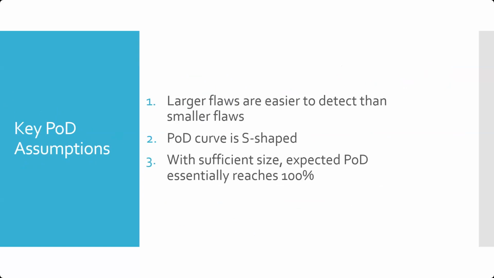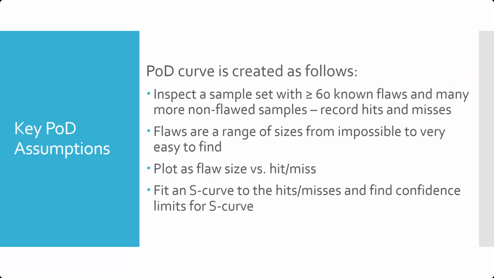With a sufficient size, you approach a point where you expect the POD to essentially reach 100%. So after a flaw gets up to a certain level, you should be able to find it. If it's a certain size or larger, every single one of those should not go undetected. And the curve is created as follows.